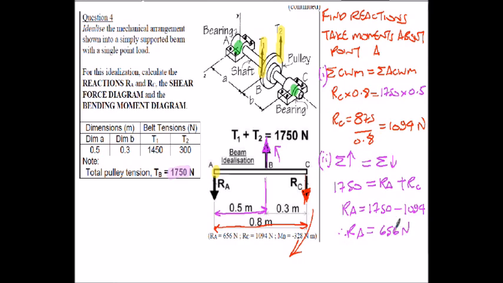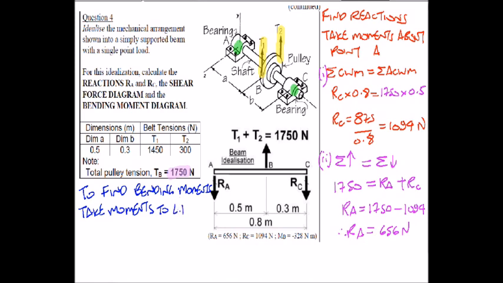There's our reactions. Now we need to work out the bending moments. So to work out the bending moments, we need to take moments to the left of the various points on the beams. So to calculate bending moments, I'm going to take moments to the left hand side of the various points we'll consider. So the first point is A. So looking to the left of A, the bending moment at A is 0, by inspection.